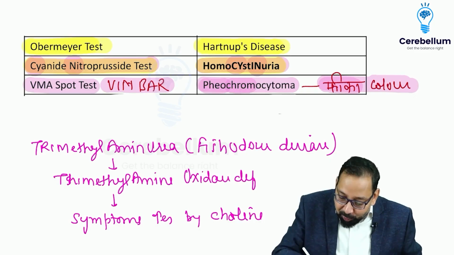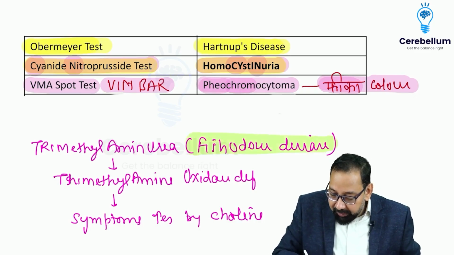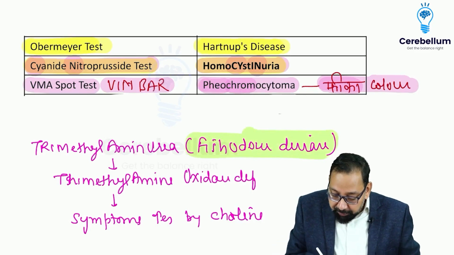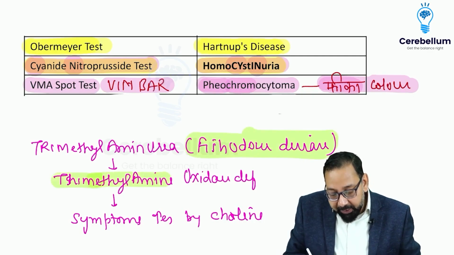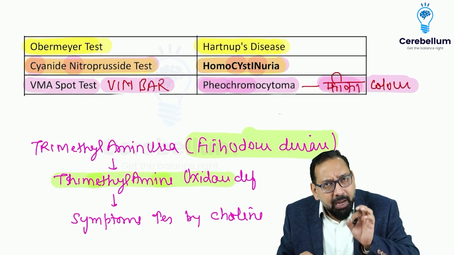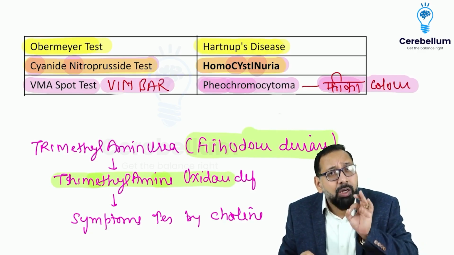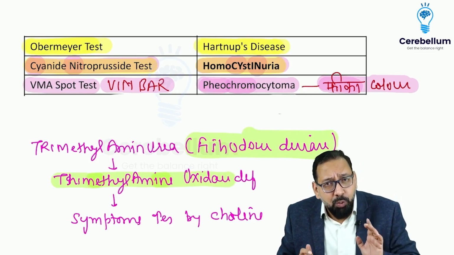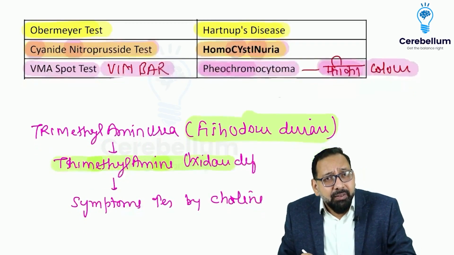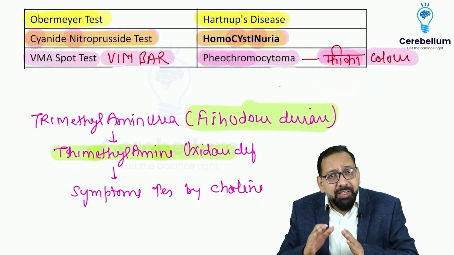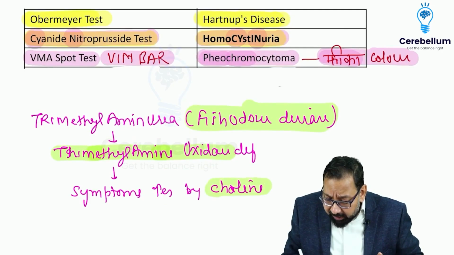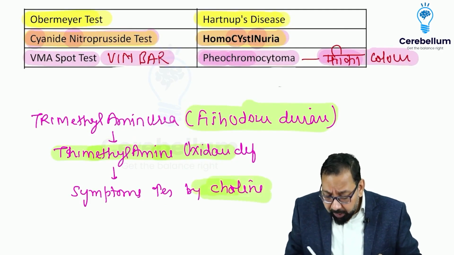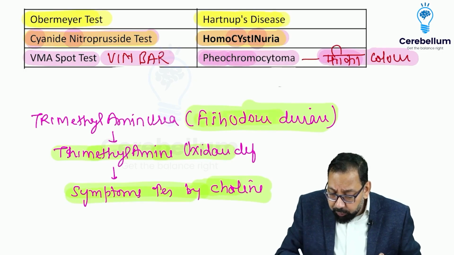A recently asked question is on fish odor disease, in which there is deficiency of trimethylamine oxidase. This leads to trimethylaminuria, also called fish odor disease. In this, symptoms will be aggravated by taking choline.